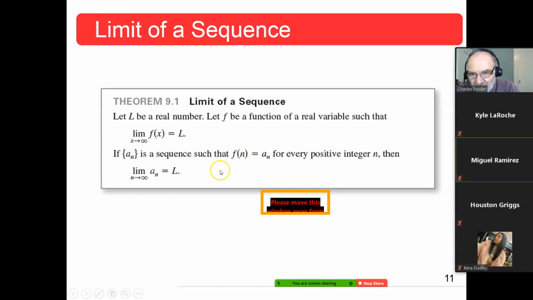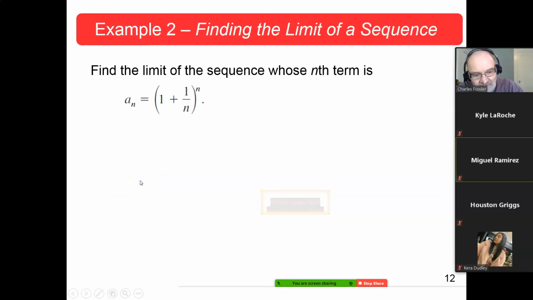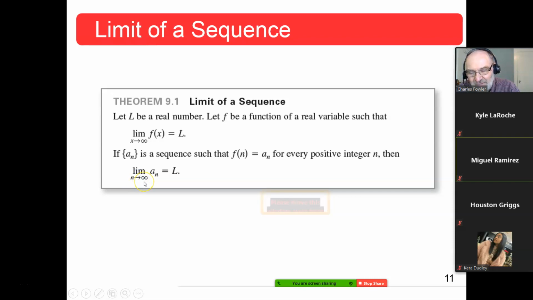But if that sequence is such that f of n is equal to a sub n for every positive integer n, then if this is true for any old continuous x, it'll also be true for any discrete integer n as n goes to infinity. The a sub n then is approaching L. So that's one test. If the limit of the function that agrees with the a sub n has a limit, then the sequence also has a limit.